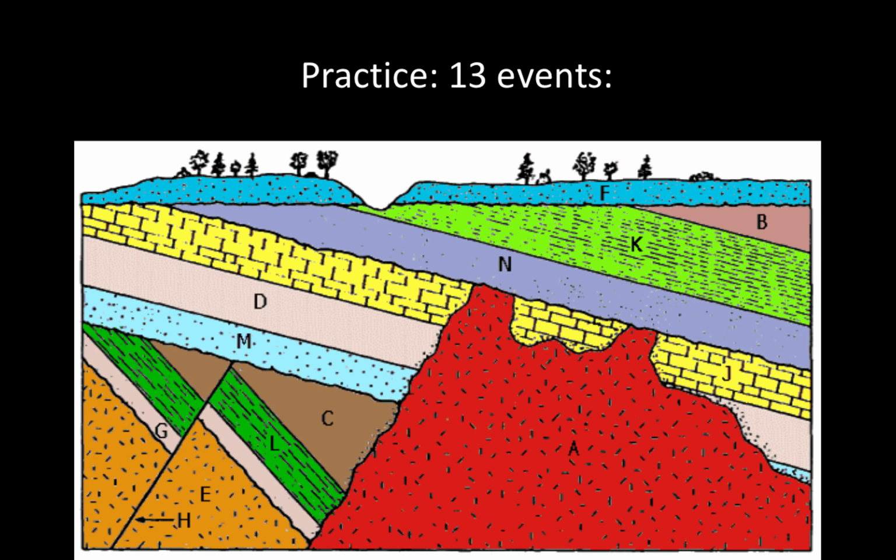H. Then we have M, D, J, that yellow brick looking layer, and then we have A. If you see, A is cut off right at J. So then next is N, K, B, and F.